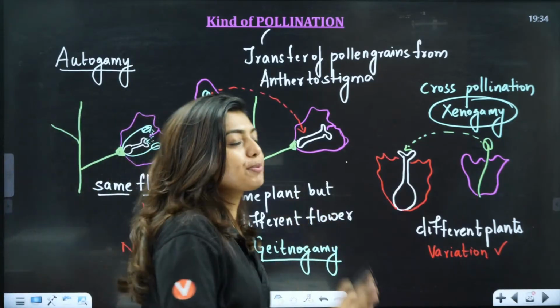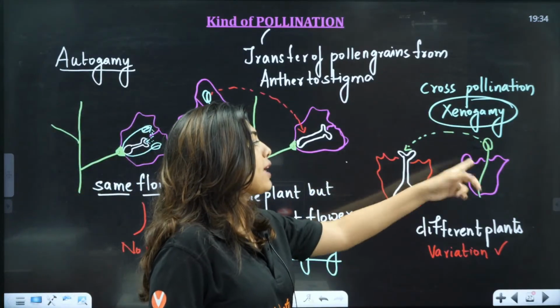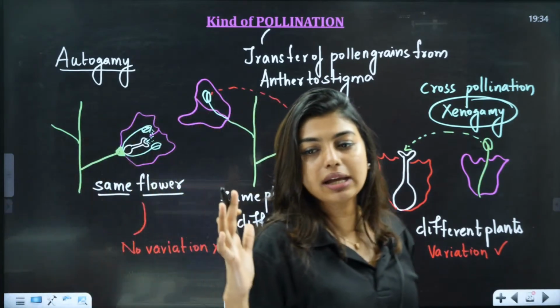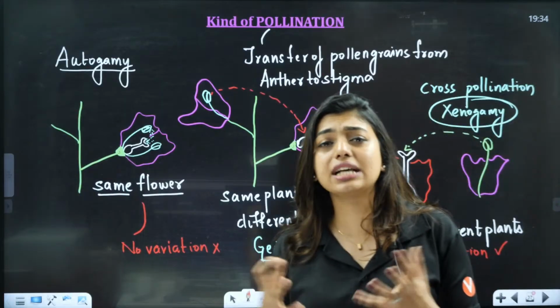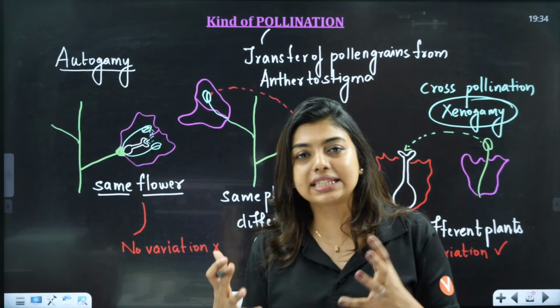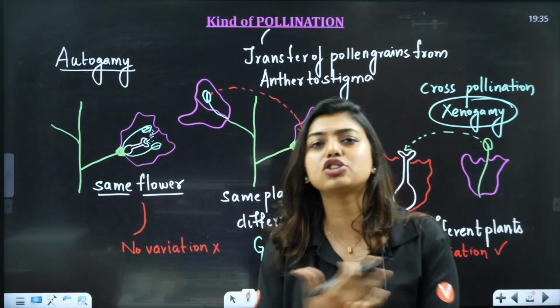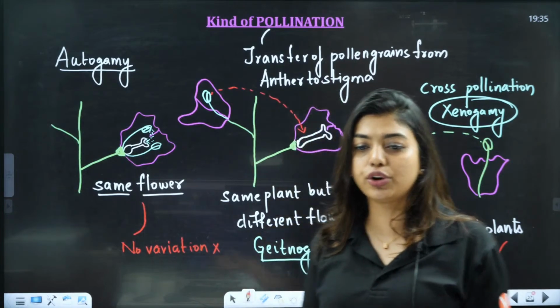Now, cross pollination, which you have been studying from a small age, is the transfer of pollen grains from the anther to the stigma of a different plant, a completely different plant. In geitonogamy the genes are similar because there is not much difference or variation. If you marry within the same family, whatever genetic disorders are there will continue. There's not much variation that is going to come.